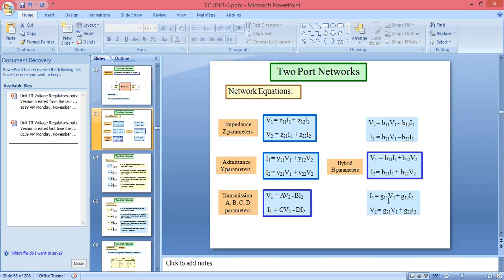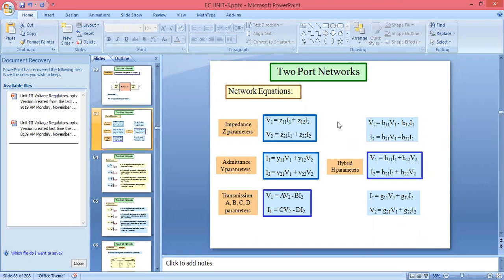This is the inverse hybrid, in which the current flowing through the input port and the voltage across port 2 are dependent variables on the voltage across port 1 and the current flowing through port 2. At that time, we are saying that parameter is the inverse hybrid parameter, and you will get the network equations like this for this parameter.